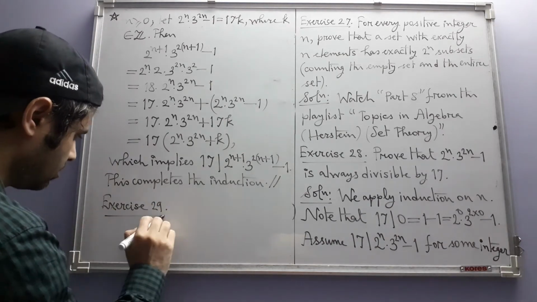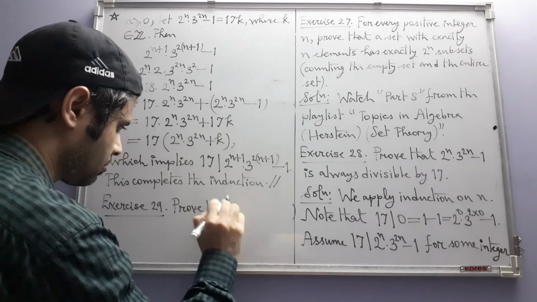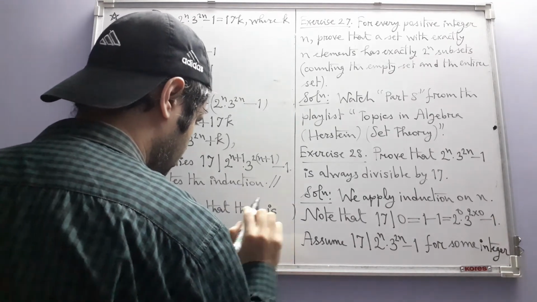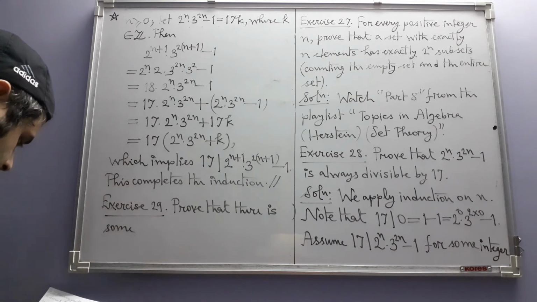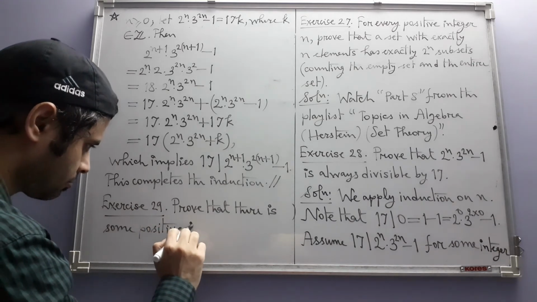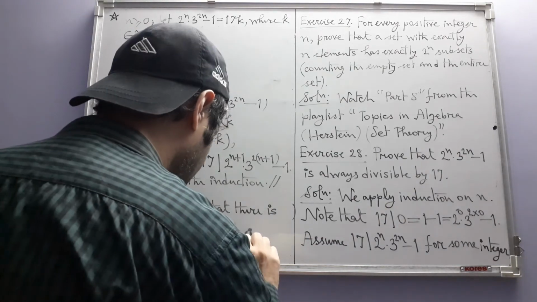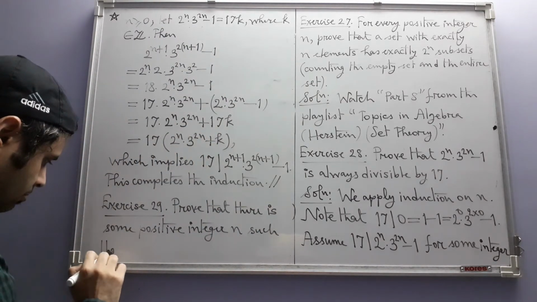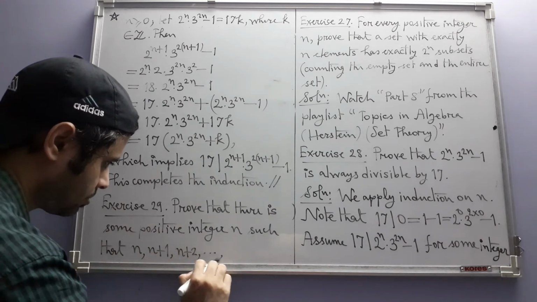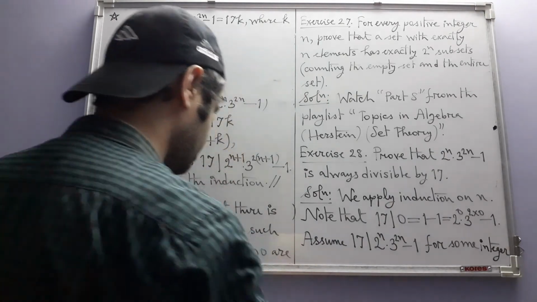Then exercise 29. Prove that there is some positive integer n such that n plus 1, n plus 2, like this, all the way up to n plus 200 are all composite.